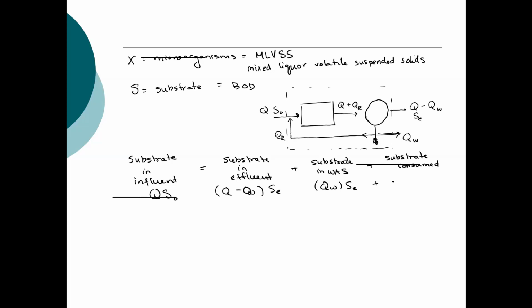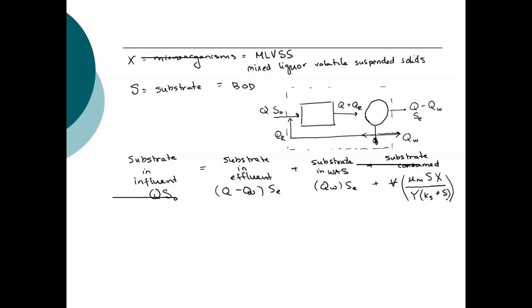And that is equal to the volume times the maximum growth rate times the substrate concentration times the biomass concentration divided by a yield rate times what we call a half saturation constant plus the substrate concentration. Okay, so it's a complicated equation.